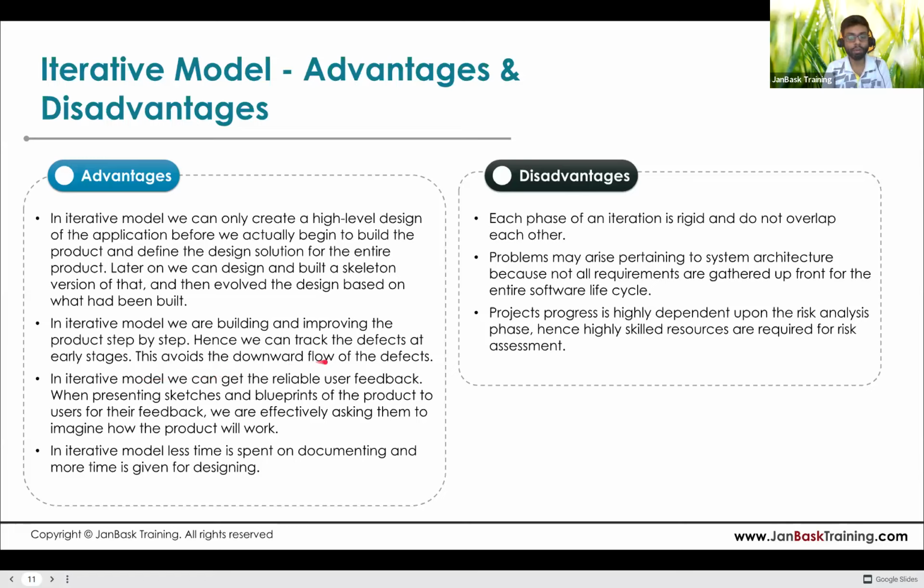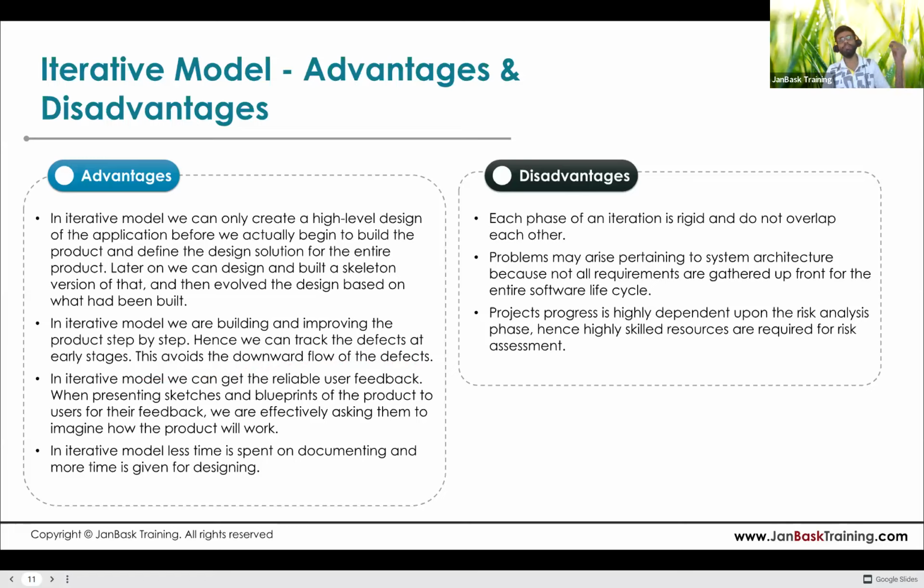This avoids the downward flow of the defects, because in the waterfall model or V model, the whole application was getting developed, and after that we were testing the application. The whole design was done, then the implementation and the coding was done, and then it was coming for testing.